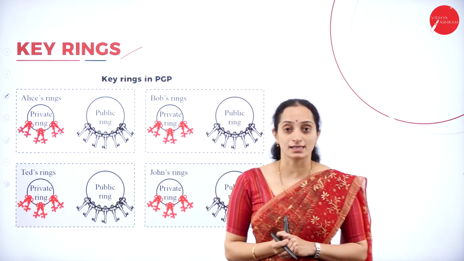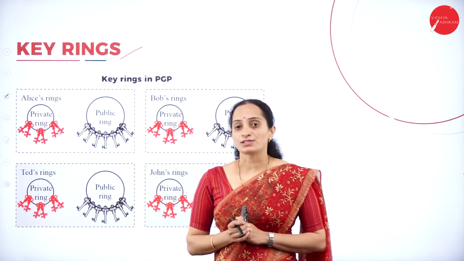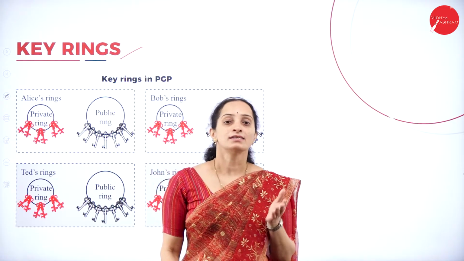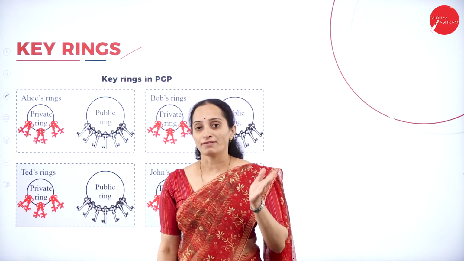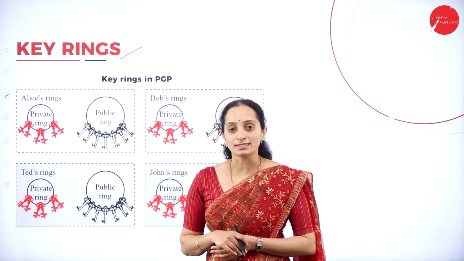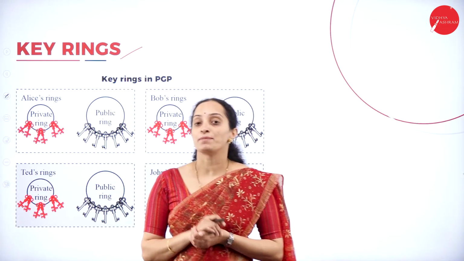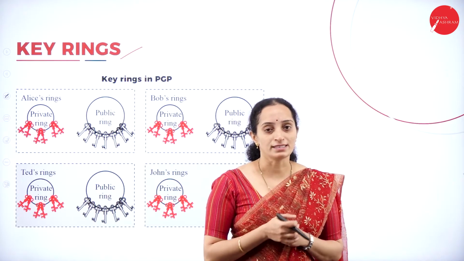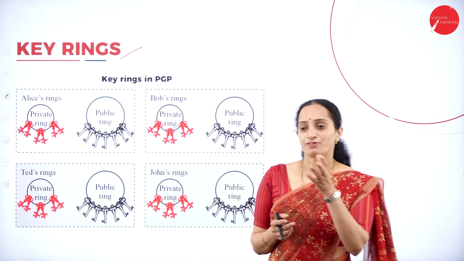What we assumed till now is that the sender, Alice, needs to send a message to only one receiver. But the sender may have to send many messages to different people, on different systems.